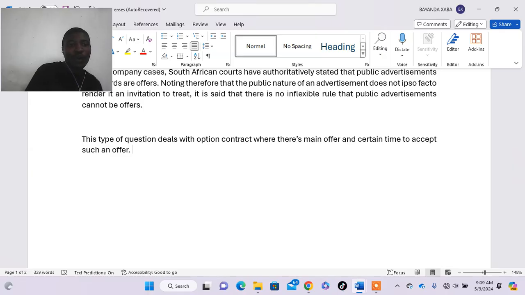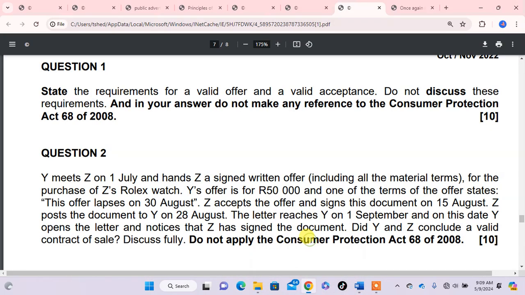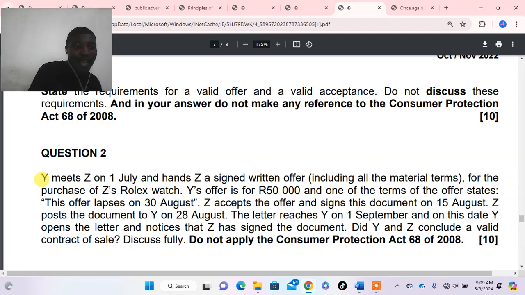Then it is very clear, and you must never forget this: Y is not the seller, Y is the buyer. Z is the seller. If Y was the seller, things would have changed. But now Z is the seller, the one selling a Rolex watch.